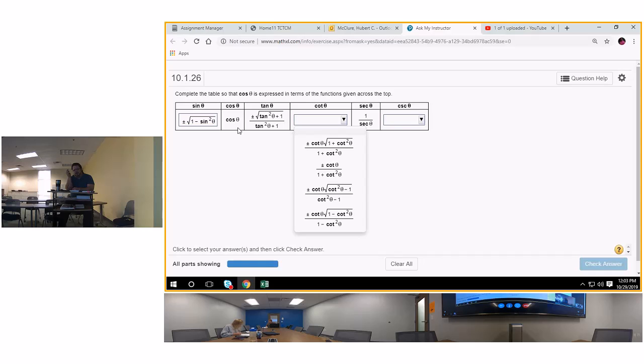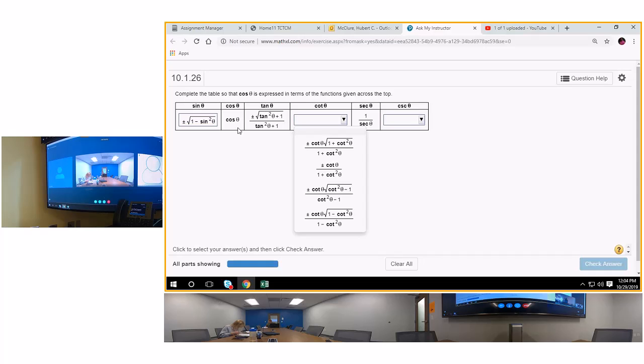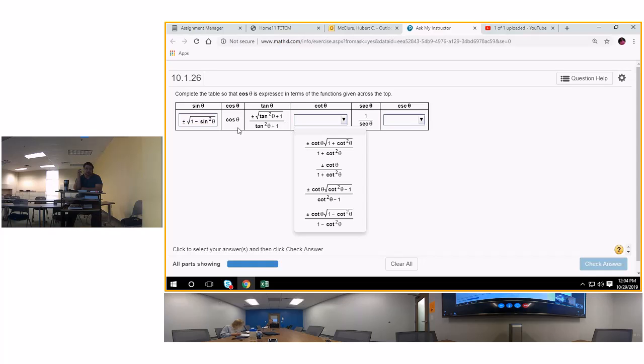So cosine would be cotangent times the sine. That's one way you could rewrite it. Or you could rewrite cosine as 1 over the secant. And you might be able to change 1 into a Pythagorean, and then the secant on the bottom can be written as tangent squared plus 1. You see what they're doing? They're rewriting cosine in terms of other trigonometric functions and expanding it out.